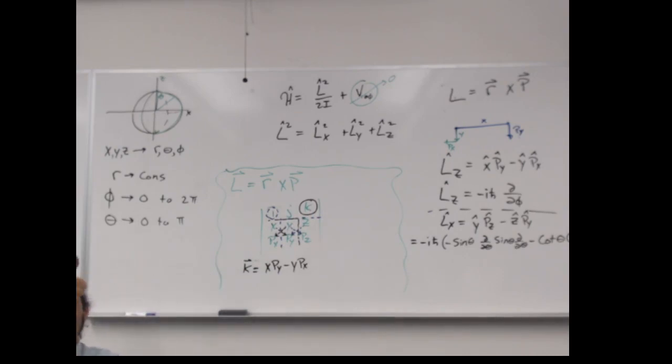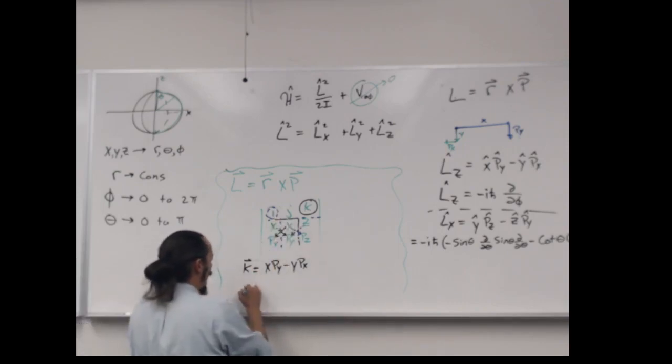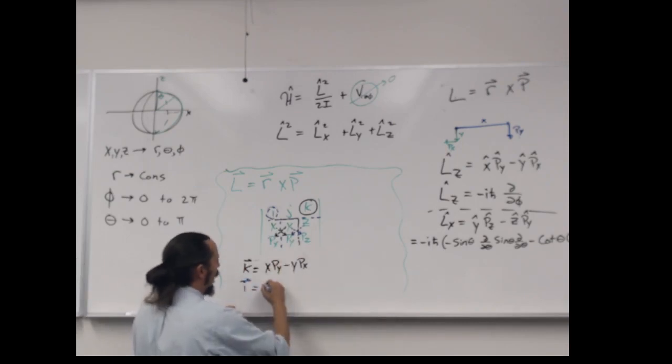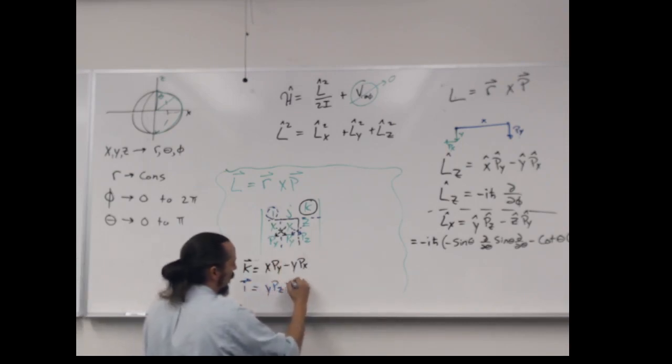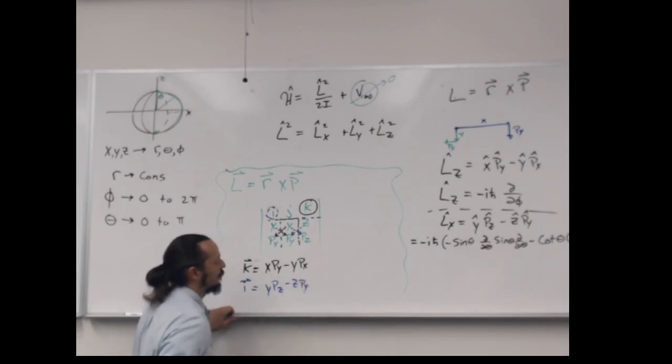Taking two vectors, crossing them into each other. So that's where the negative signs come from. So my i vector ends up being ypz minus zpy.